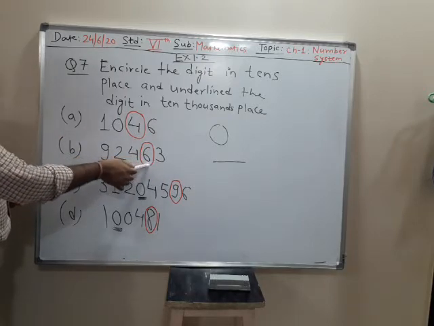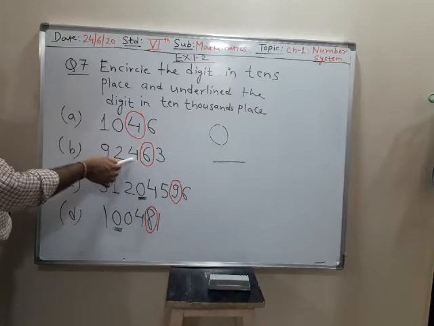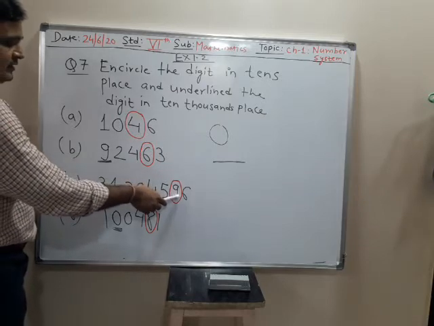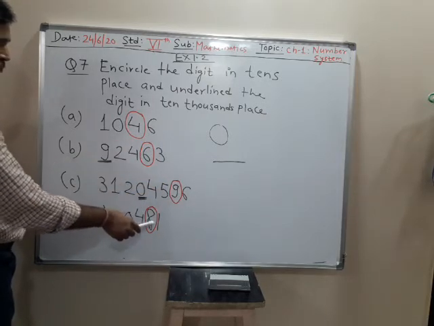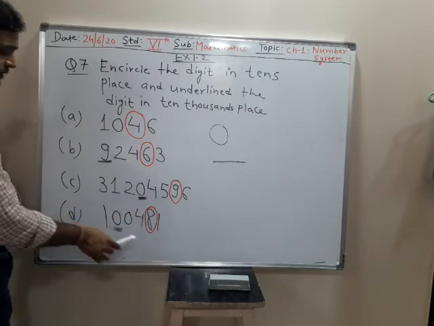In this one, 6 is at tens place, then 100, 1000, 10,000. 9 is at 10,000, so I will underline it. In this one, 9 is at tens place and 0 is at 10,000 place. 8 is at tens place and this 0 is at 10,000 place.